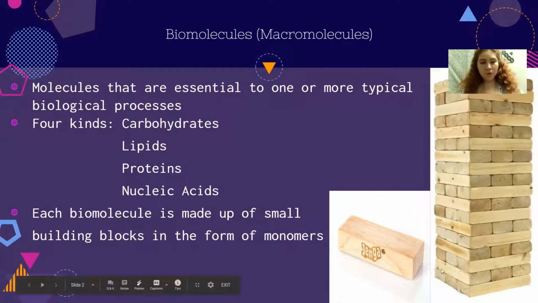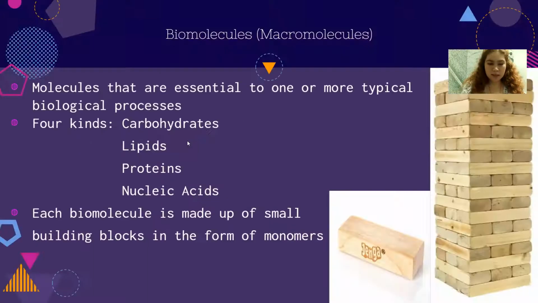So there are four kinds of biomolecules: carbohydrates, lipids, proteins, and nucleic acids. You've probably heard of those. If you haven't, then maybe just in this context, but carbohydrates, lipids, proteins for sure. I know you've heard nucleic acids. You might not think you've heard of those, but you have at this point.